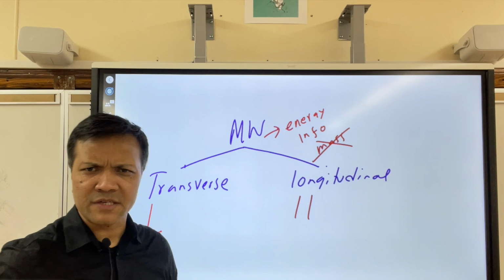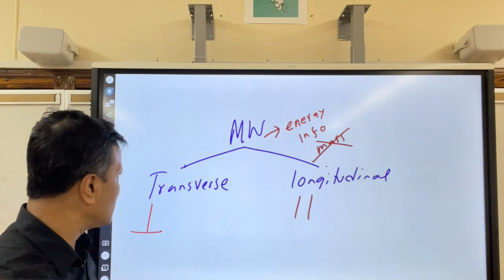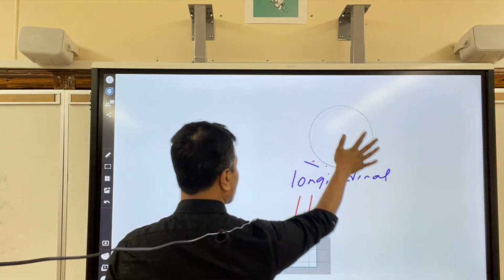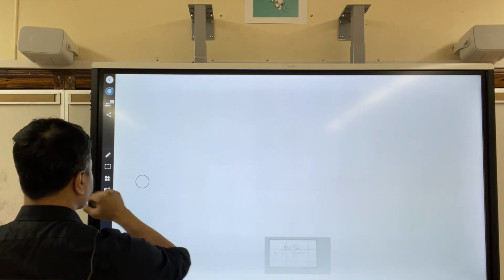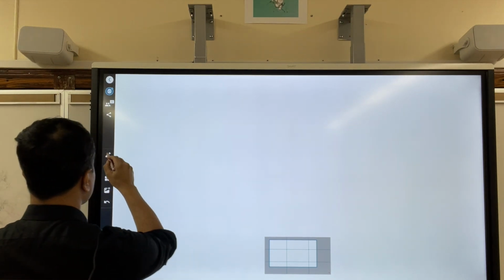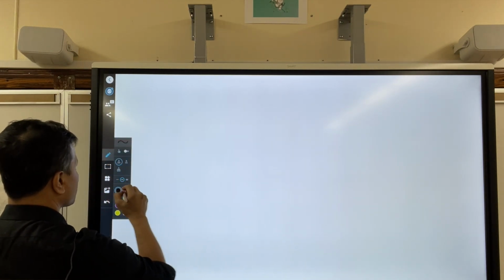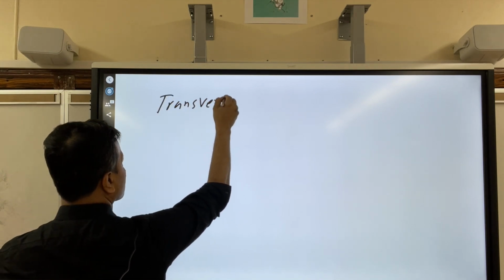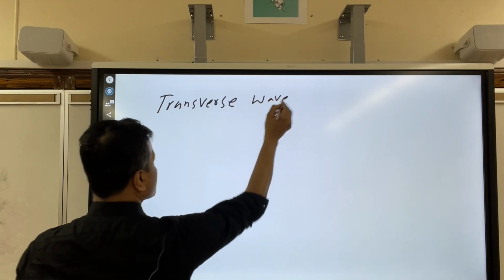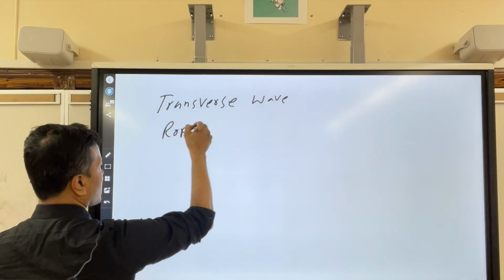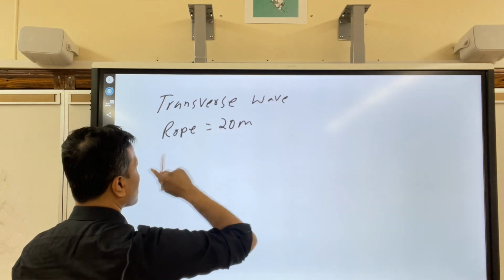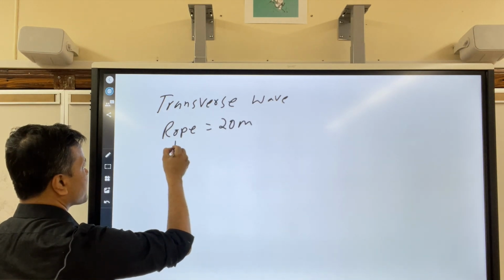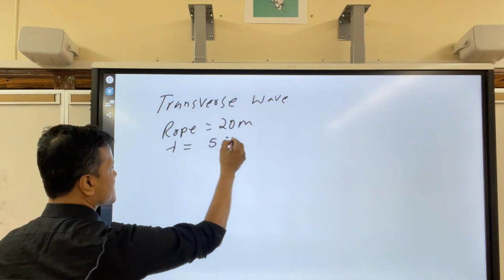Now we're going to dive deep into the transverse wave and the longitudinal wave. What I want you to do is draw a transverse wave using a rope which is 20 meters long and whose wavelength is 5.7 meters.